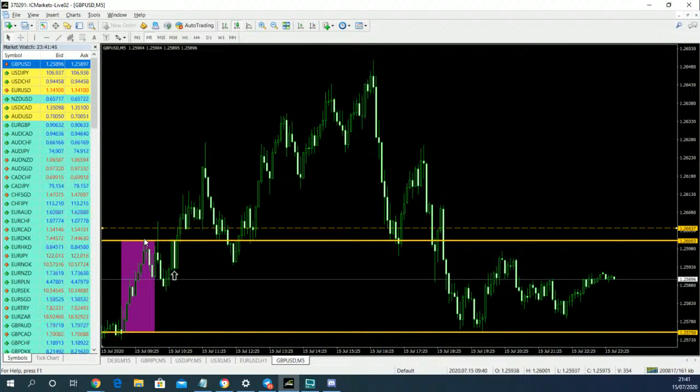But Europe news also comes early, and US news comes about 1:30 in the afternoon. I'm always talking of UK time here. So most of the time you are already in the market before the news, so you don't have to come out. You have your take profit target set, you have your stop loss set, so you are good to go.